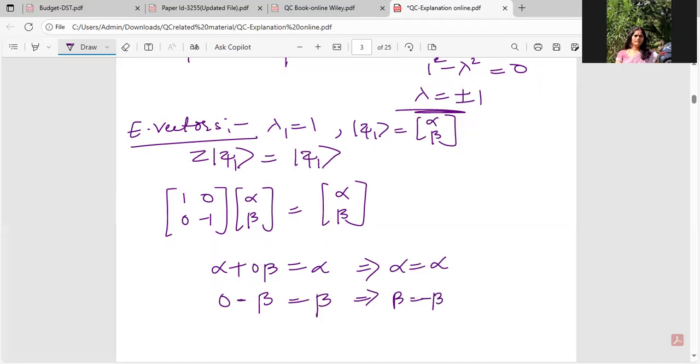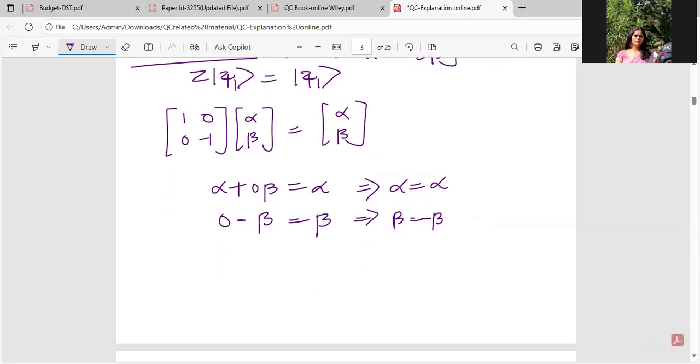So I can say that if I take alpha equal to 1 and beta equal to minus 1, the eigenvector is 1 and minus 1.